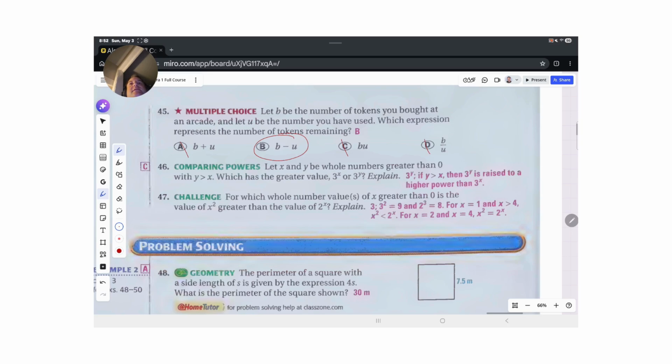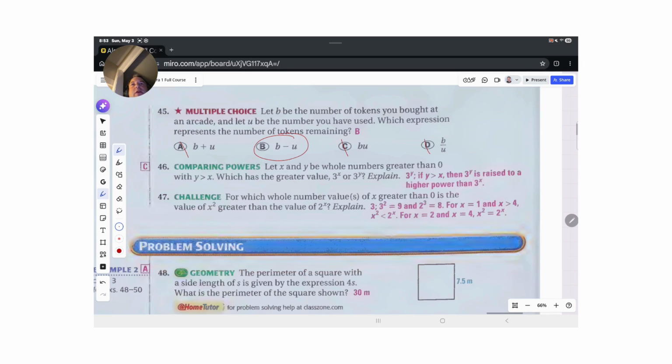Okay, what about 46? Let x and y be whole numbers greater than 0, with y greater than x. Which has the greater value? 3 to the x power or 3 to the y power? And explain. This is comparing powers, right? All right, so when the base is the same and greater than 1, the expression with the larger exponent will be greater.